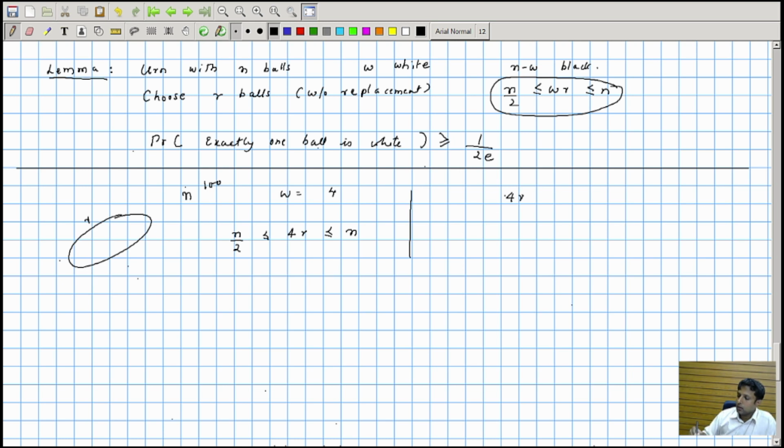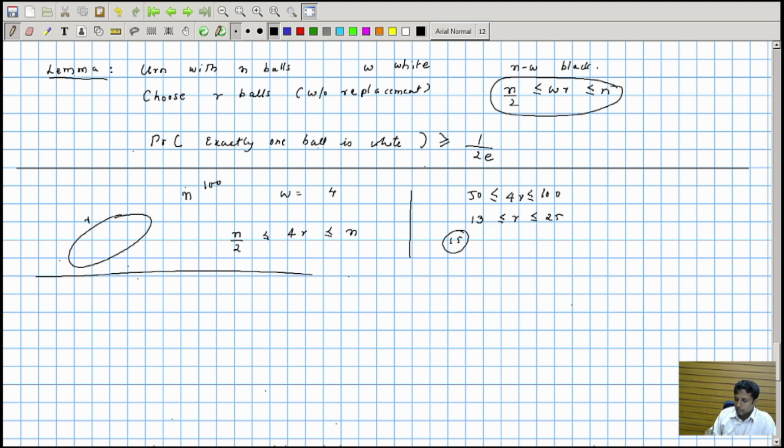So here 4R should lie between 50 and 100. In other words, R should lie between 13 and 25. So let's say you pick 15 balls. If there were 4 white balls, and you are picking 15 balls, then there is at least 1 by 2e probability that you will choose exactly one white ball.